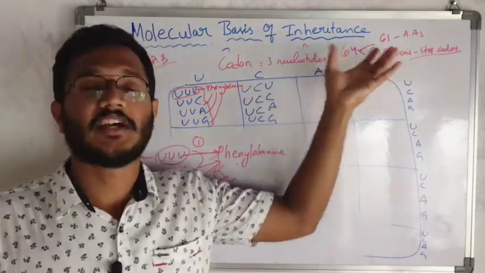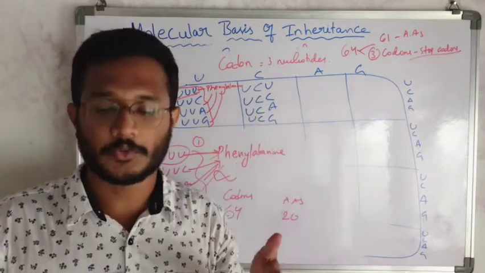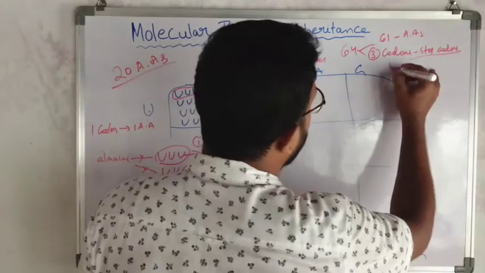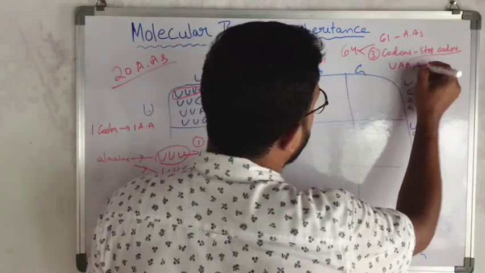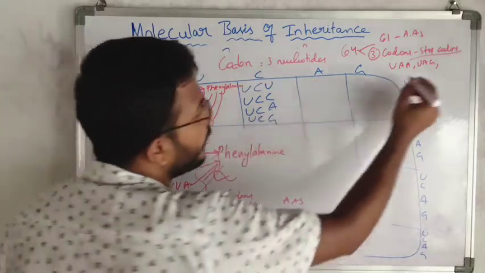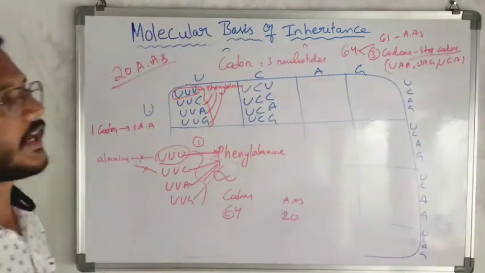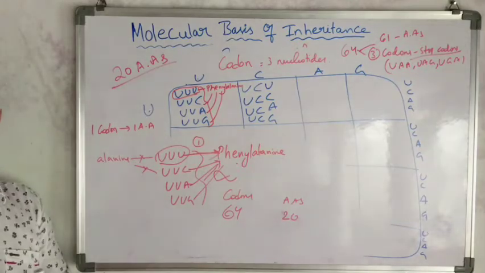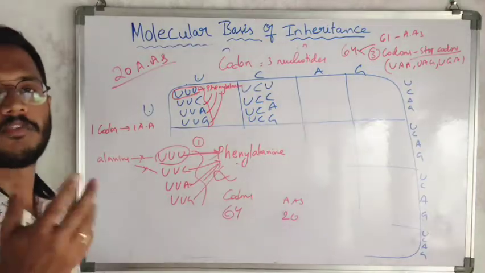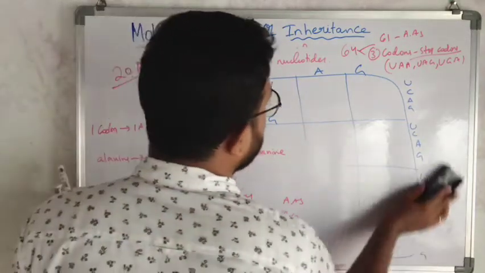So these 3 codons are helpful to stop the process of translation. What are those? UAA, UAG and UGA. These are the 3 codons which are helpful for stopping the process of protein formation. And the remaining 61 code for different types of amino acids.